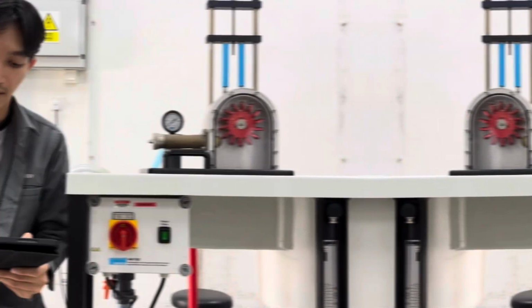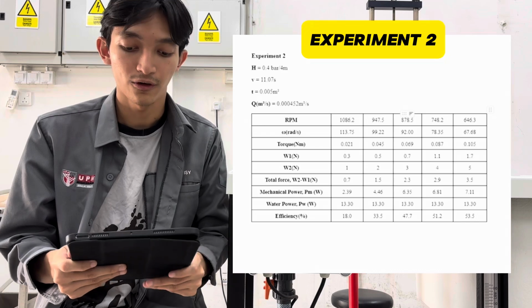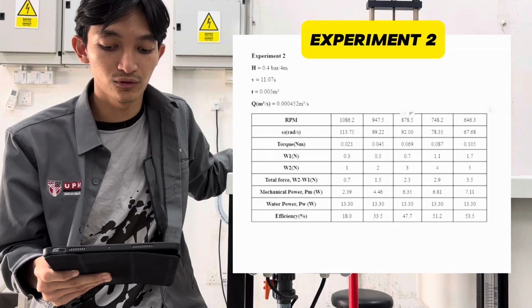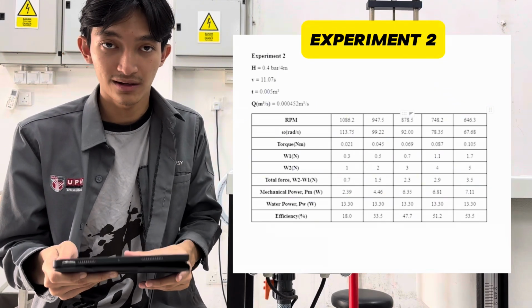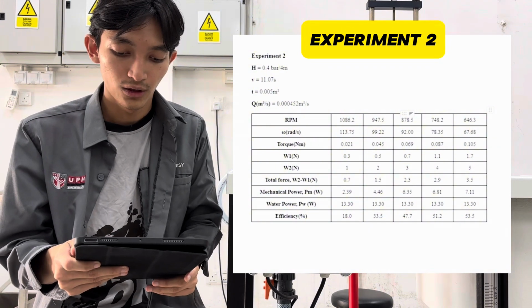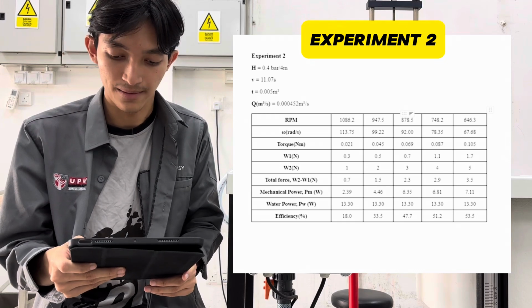In the second experiment, we increase the bar from 0.3 to 0.4. The RPM result is also decreasing, from 1086 RPM to 646.3 RPM.